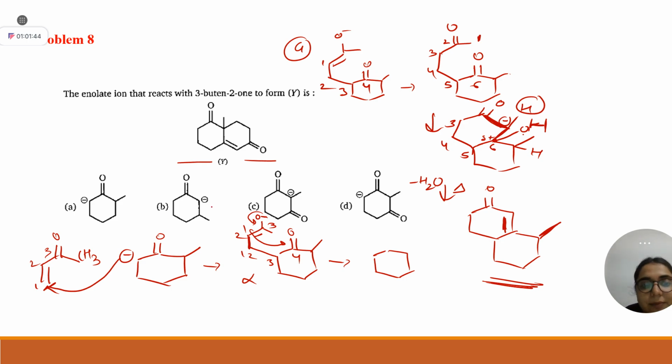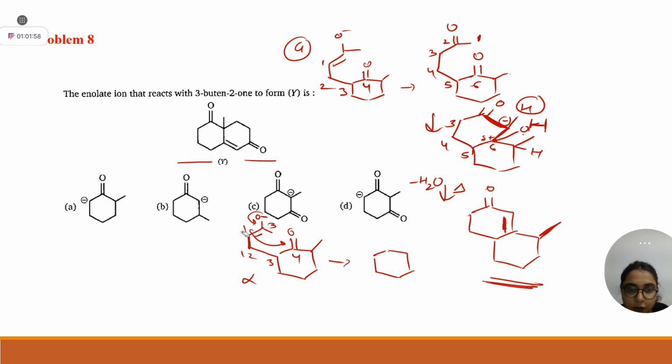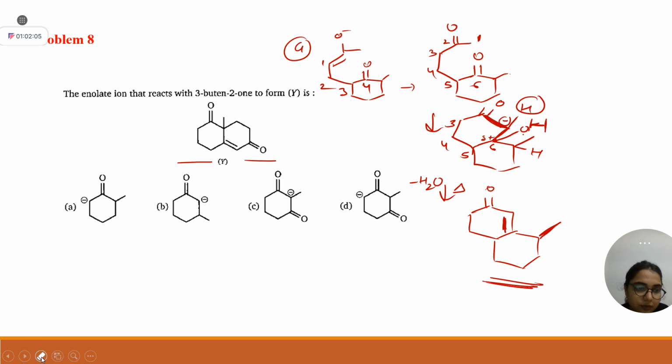Good. Now tell me, will B give me this? Okay, let's do it for B now. Before I solve, you solve for B. Okay. In B, what will you get? CO. Okay.